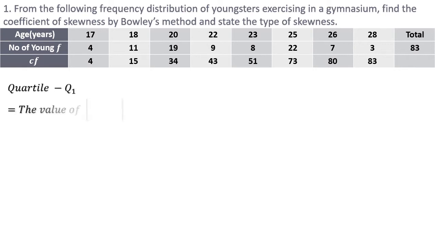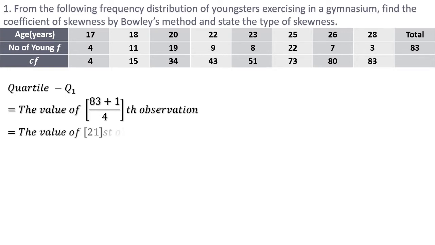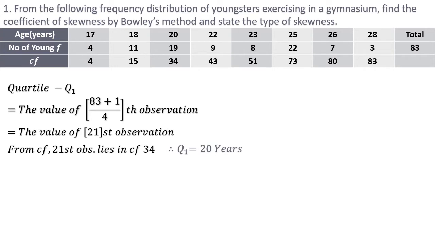We will keep these cumulative frequencies in mind. The first quartile is the value of the (83 plus 1) upon 4th observation. Remember, the quartiles are (n plus 1) upon 4 for a discrete distribution. So this is the 21st observation, and from the cumulative frequency it falls under CF 34, and the value for that is 20.